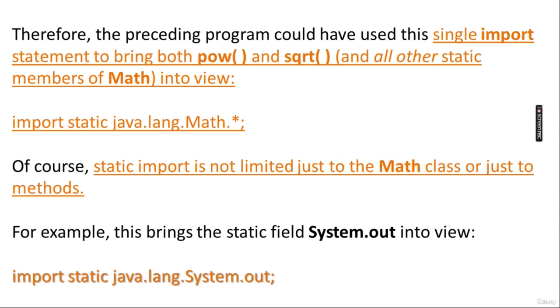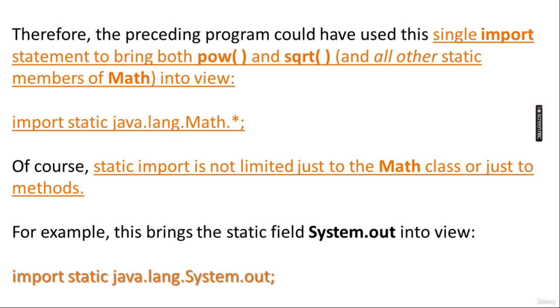Therefore, the preceding program could have used this single import statement to bring both pow and sqrt and all other static members of Math into view: import static java.lang.Math.star. In some cases, maybe you do not know which member you are going to use.